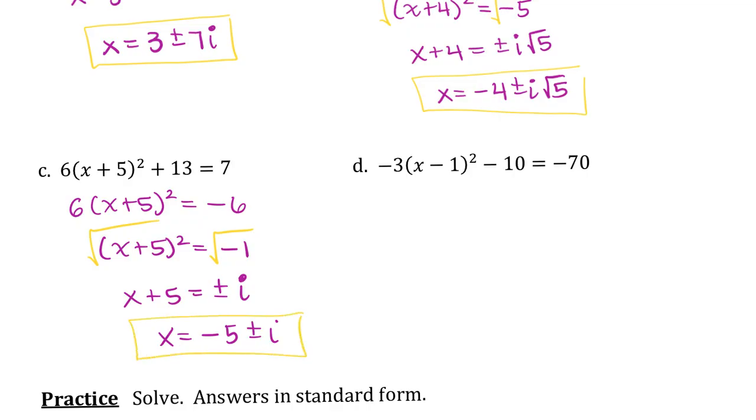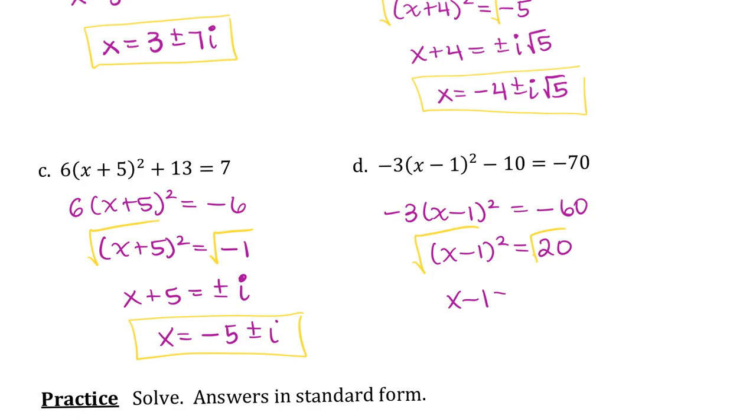Okay, let's try the next one. Okay, I'm going to plus the 10 over. Negative 70 plus 10 is negative 60. Okay, let's divide by negative 3 now. Okay, negative 60 divided by negative 3 is positive 20. Let's keep going. Square root.